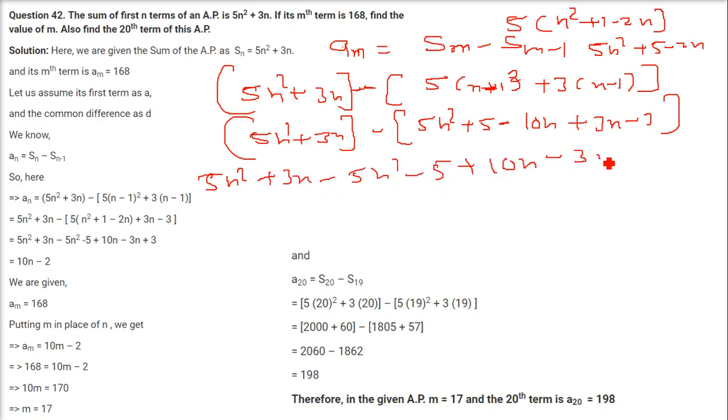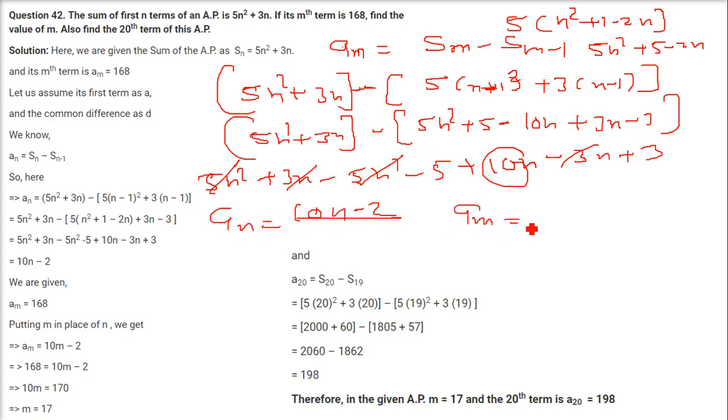I'm changing the sign: 5n square plus 3n minus 5n square minus 5 plus 10n minus 3n plus 3. The 5n squares cancel, the 3n cancel, so you have 10n, and 3 minus 5 is minus 2. So 10n minus 2 is the mth or nth term.